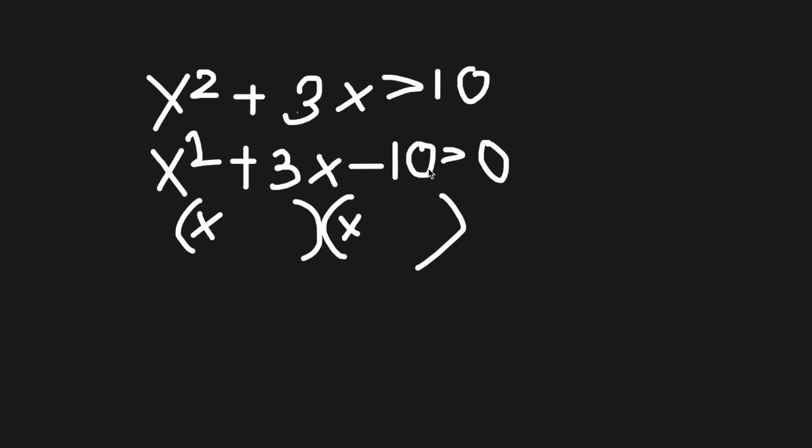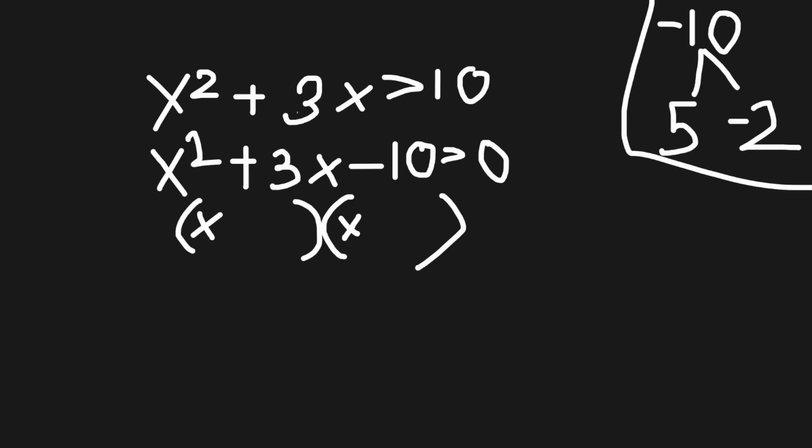Now, if you were to not know, then we would take -10 and split it into two values, 5 and -2, so that we can use it as x minus 2 and x plus 5. So these values would not be included in our x values.